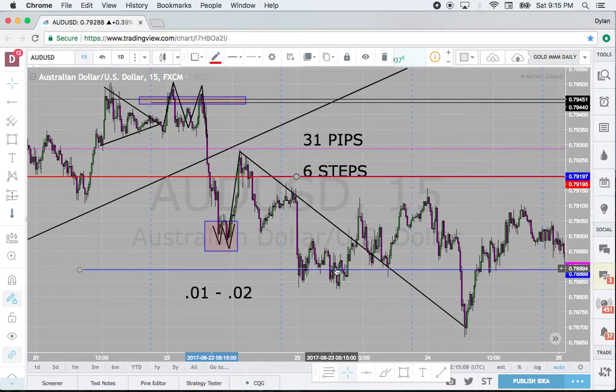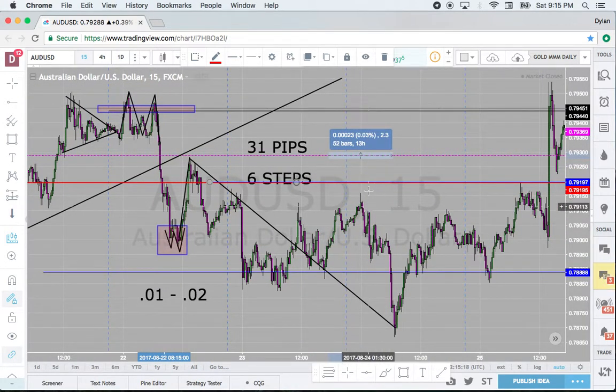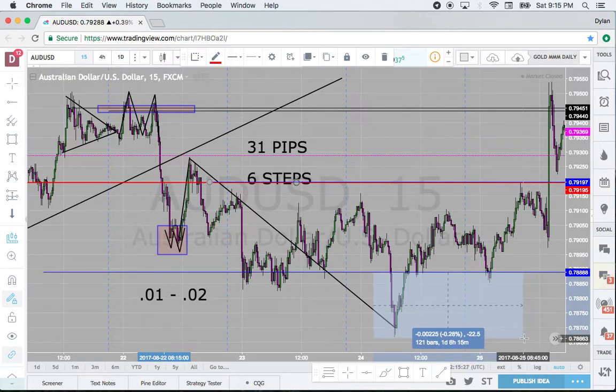And then what do you see? Price came back up, but look, our stop loss was safe by 3 pips. What happens again? Price comes down. 22 pips.